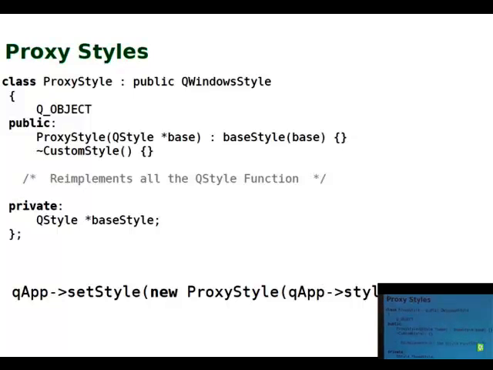So here I create my proxy style. It's exactly the same as before, as in the normal style, but I pass a base here, which will be stored there. And we will have to implement all the QStyle virtual functions. Then when setting the style, we pass the old style as a parameter.